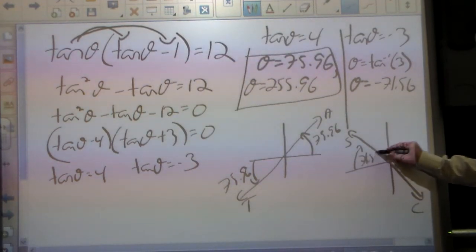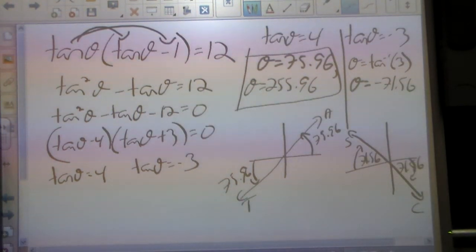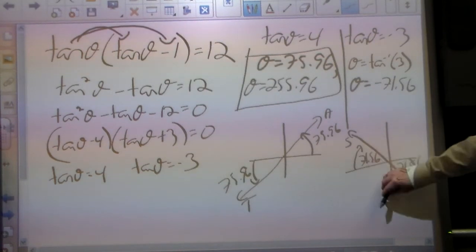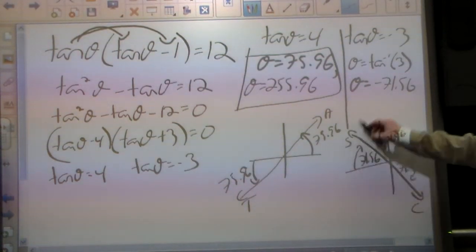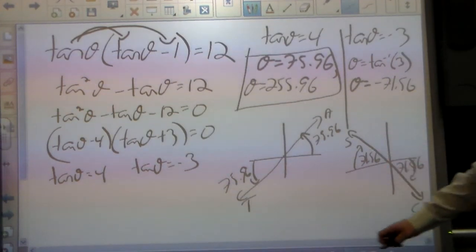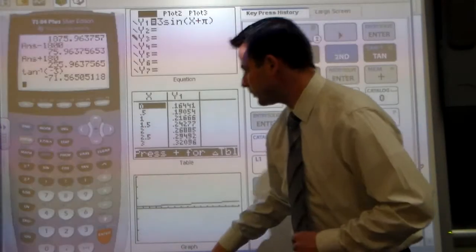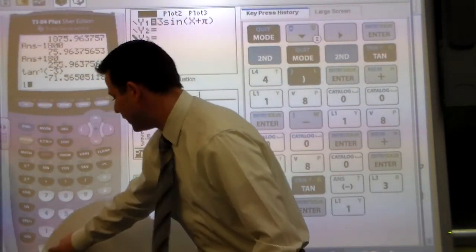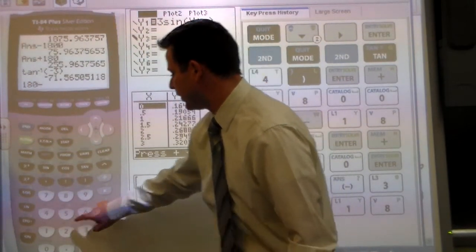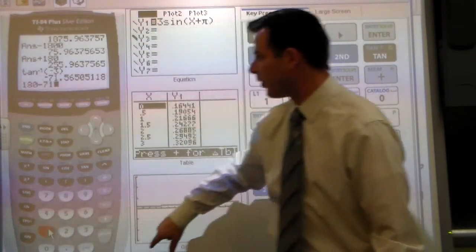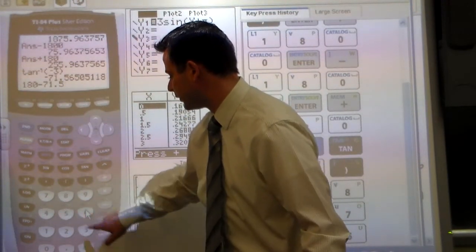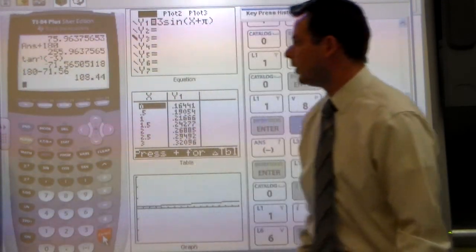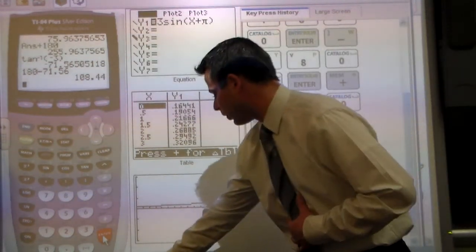Well, so is this, 71.56. So now you have to visualize, am I saying 180 plus the angle, or am I saying 180 minus? One before, so I'm going to say 180 minus this. 180 minus the reference angle. Remember, reference angle is a distance, so it's positive, 71.56. And we get 108.44.